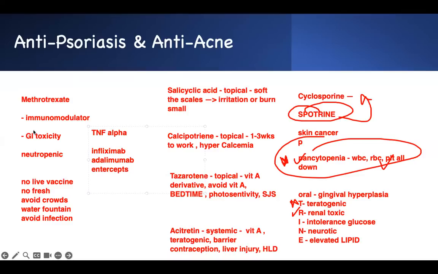What is the key? Same thing. They make you immunocompromised, avoid live vaccine. All you need to do is neutropenic precaution and avoid infection. That is the key. Avoid infection as much as possible for these medications.